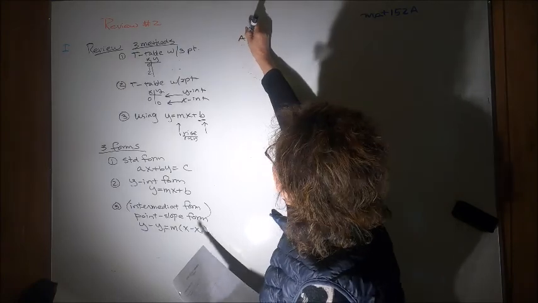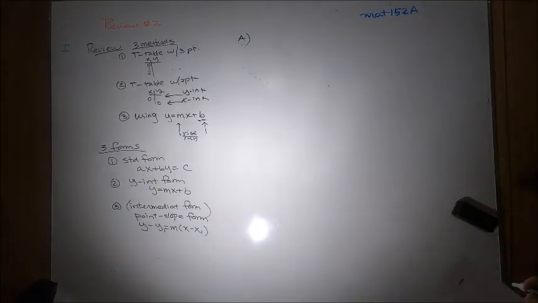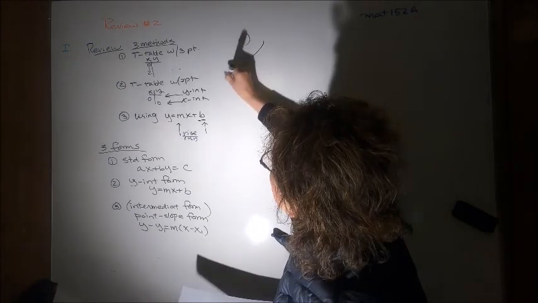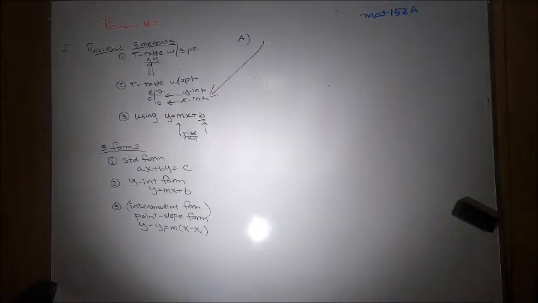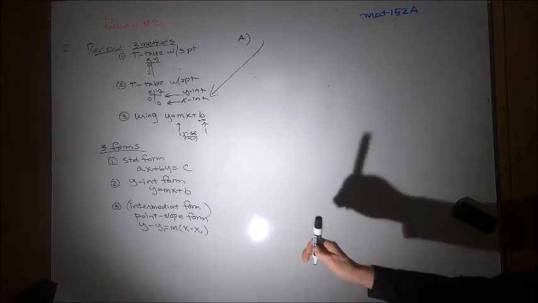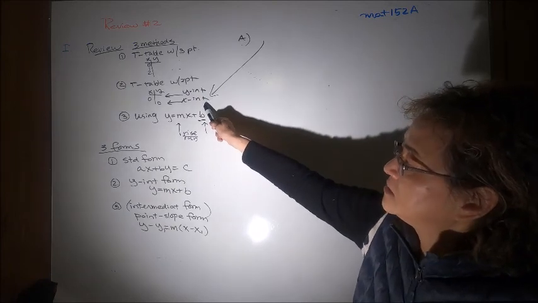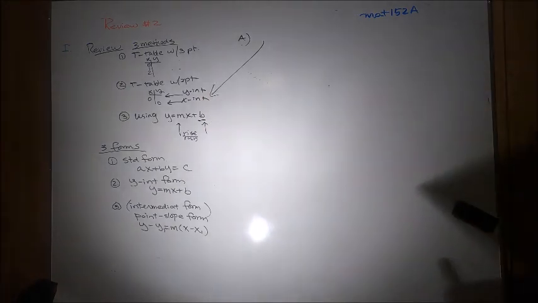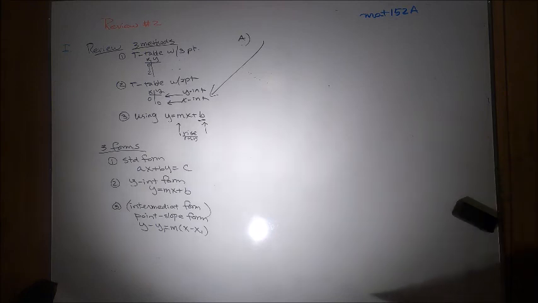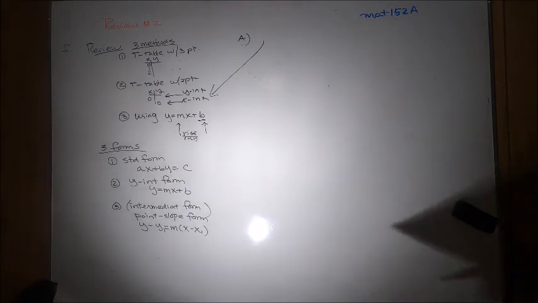It says how to find the x-intercept of the line or y-intercept of the line. So that would be this one, right? You use x is 0, plug in x is 0, and solve for y. That will be your y-intercept. Plug in y is 0 and solve for x. That would be your x-intercept, right?